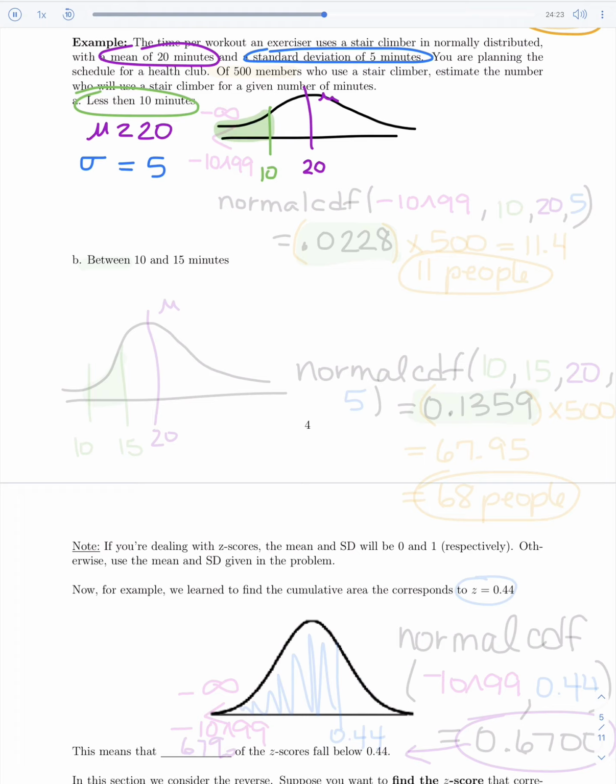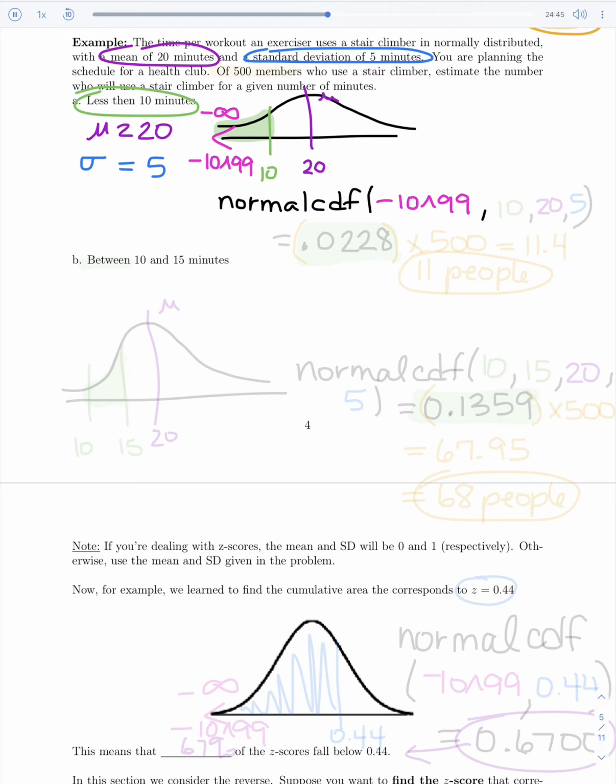So we'll start off by doing, just like before, our normal CDF. Remember that it starts off going towards negative infinity forever, so we'll actually start out with a negative 10 to the 99th instead. Comma.